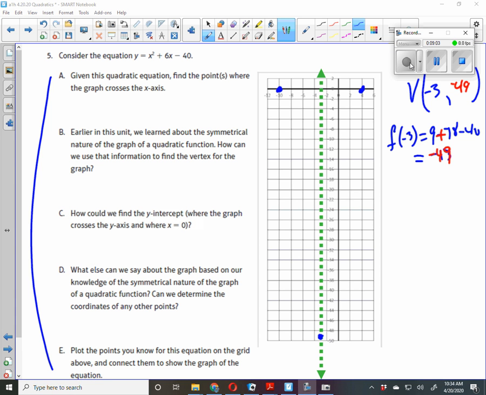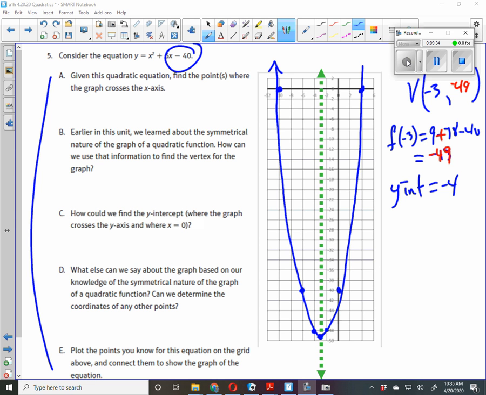So the next point's literally going to be here and here. These are symmetrical, right? I know that I have a y-intercept at -40. That goes here. This is also symmetrical, so that's going to go there. I've already got 7 points plotted that were fairly easy to find.